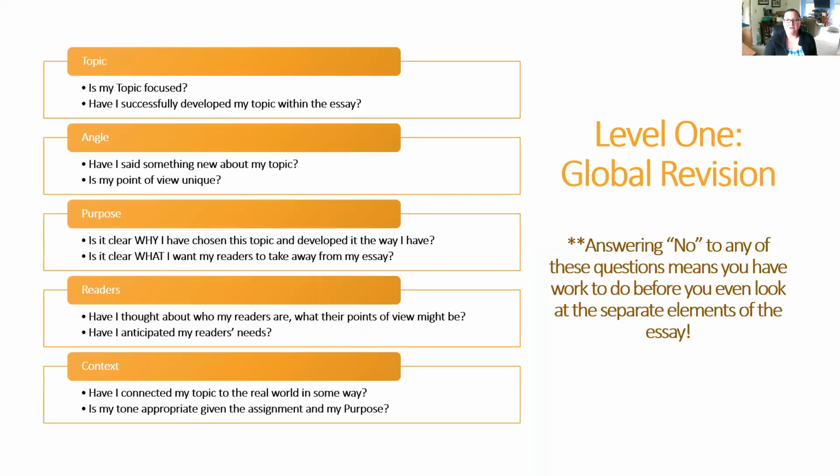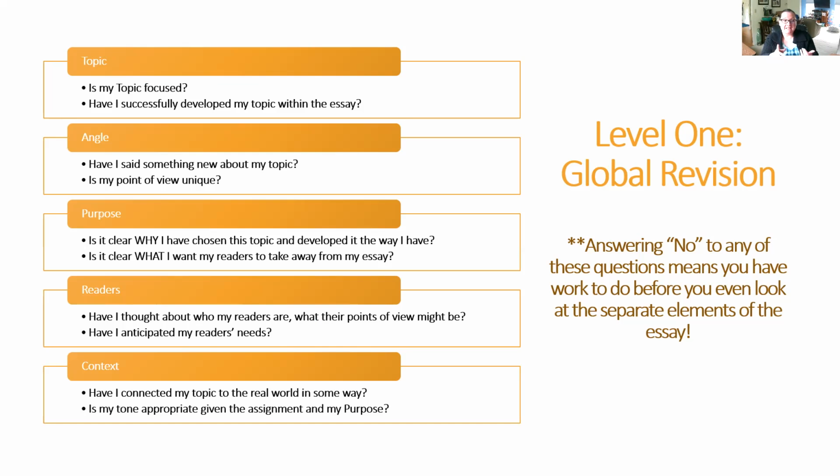Okay, so level 1 is global revision. All right, so this is where we're kind of going back to the rhetorical situation, where we're thinking about almost everything that's sort of not even in the paper necessarily. It's the foundation of the paper that needs to be set in place in order for whatever it is you write to even be successful.